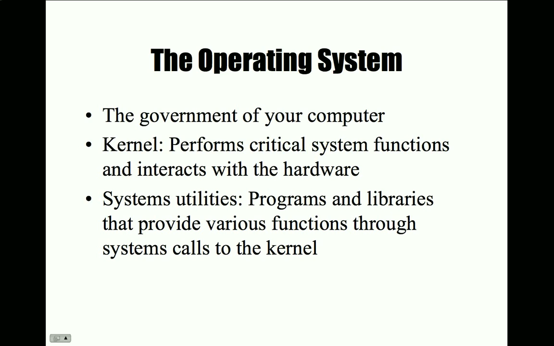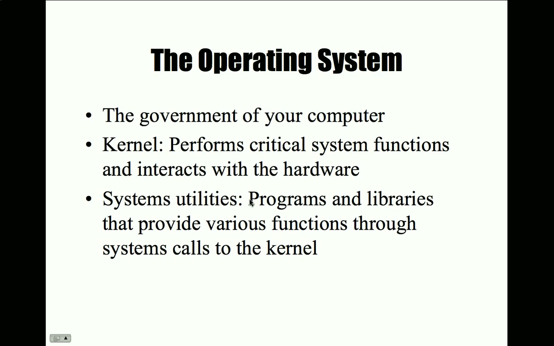So going back to the big picture, an operating system is basically what governs everything on your computer. And the term kernel I mentioned a couple of times already. The kernel performs some critical system functions and interacts with the hardware. We'll see a little bit more about the kernel, but the kernel is sort of a portion of the operating system, if you will, a small portion that's very critical and very important.